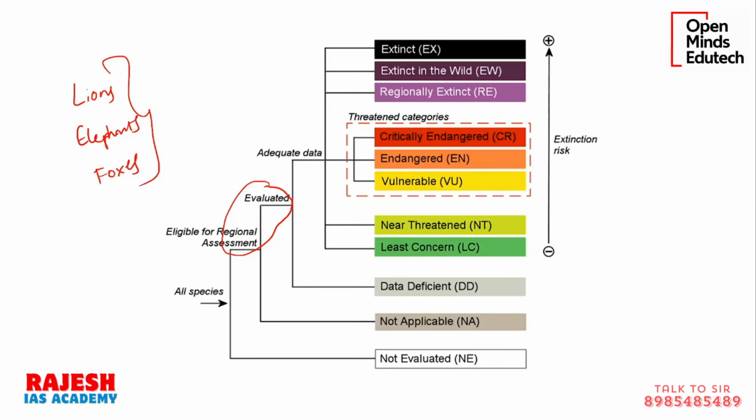There were cheetahs throughout India before we started killing them. Now there are no cheetahs in India. So you gather data, evaluate the present situation, and come up with a category. Either it is not evaluated or it is evaluated.